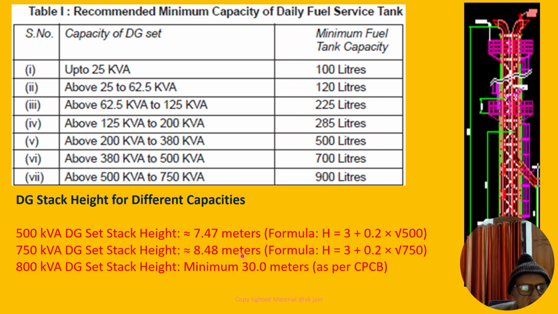But above 800 kVA, the stack height has to be minimum 30 meters as suggested by CPCB, and it is compulsory for everybody providing diesel generating set for standby generating system.